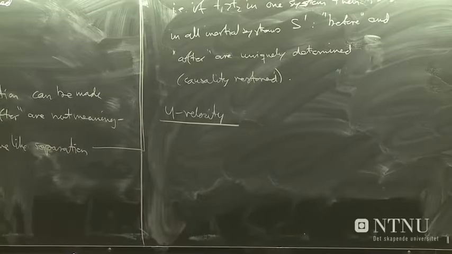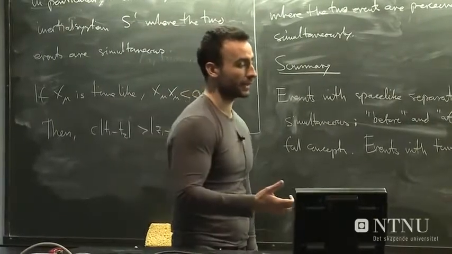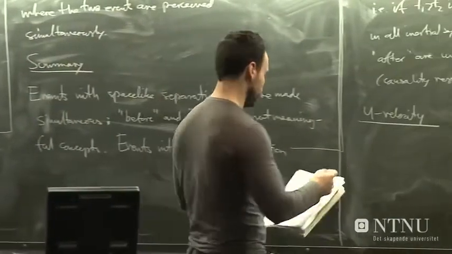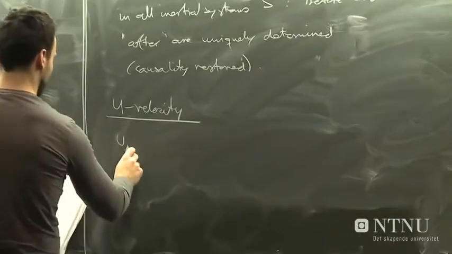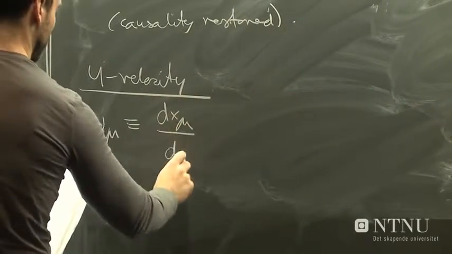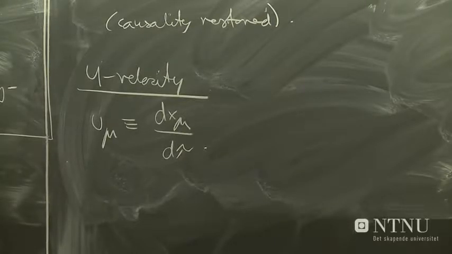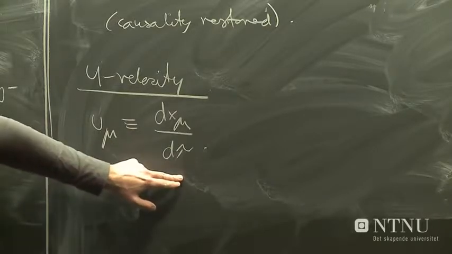So a couple of tools that we will use when analyzing these theories is, for instance, the four velocity. And it's defined as the derivative of the four position vector with respect to the eigentime tau, which is a Lorentz invariant quantity.